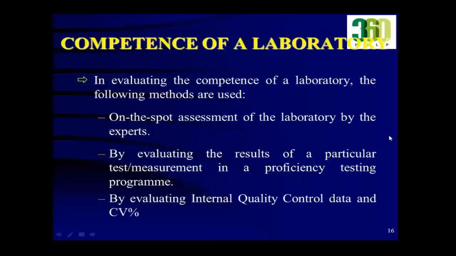This external quality assurance is a constant process which every lab that undergoes NABL has to follow. Every month or every quarter, whatever the schedule, depending upon your scope, you are supposed to follow an external quality assurance program. That means comparing your results with other laboratories.